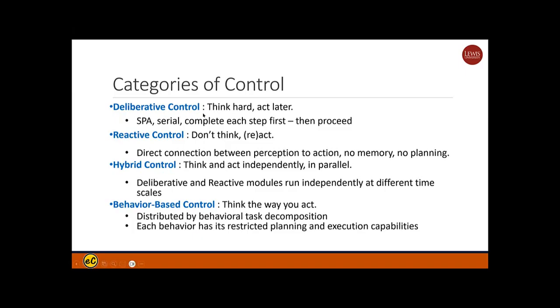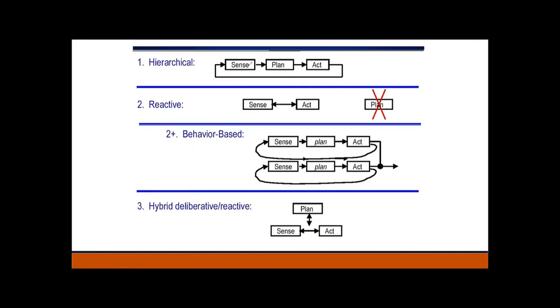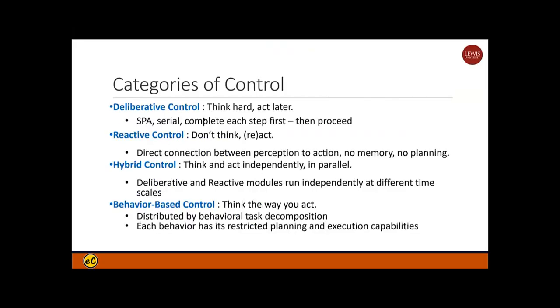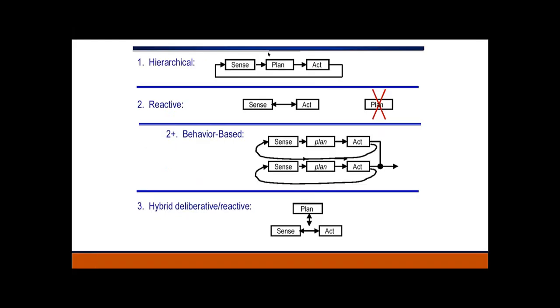So this one says that you think hard and act later, because your loop has sense, plan, and act. If you think hard in planning, then it's called hierarchical, or basically deliberative. We say that the minimum requirement for your term project is that you must have sense, plan, and act.